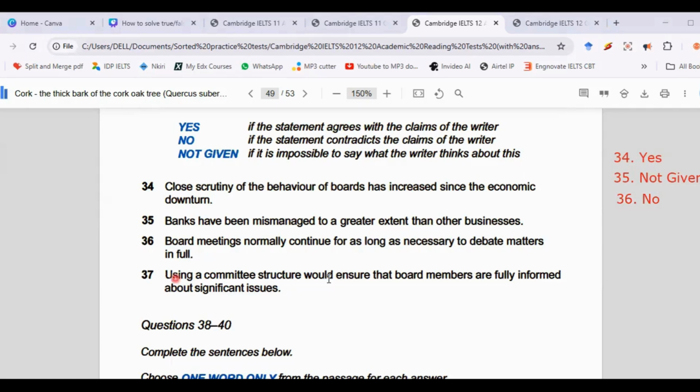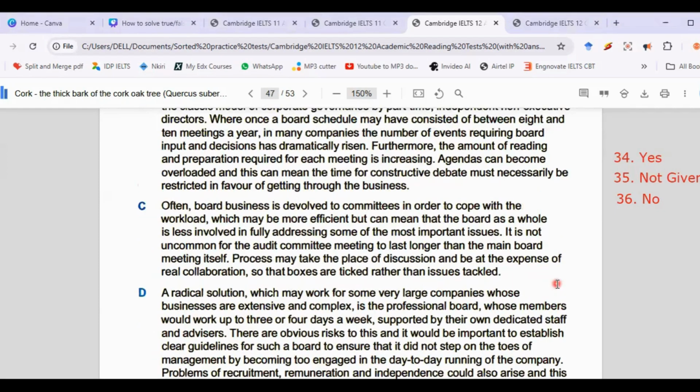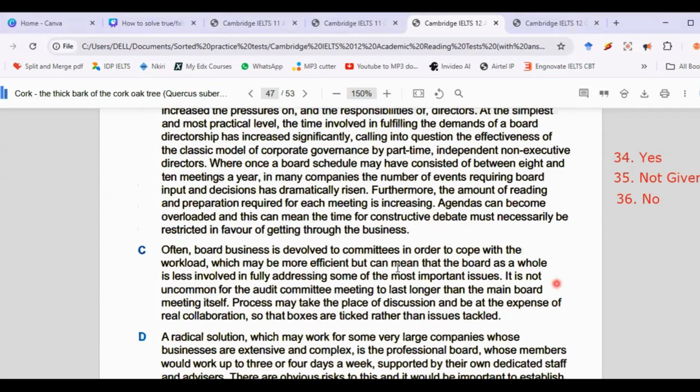Using a committee structure would ensure that board members are fully informed about significant issues. Okay, significant issues is important here. Committee structure is also important, a keyword. Fully informed is also a keyword. So let's go to the passage and check. Committee structure, is it going to help? So look at committee here.